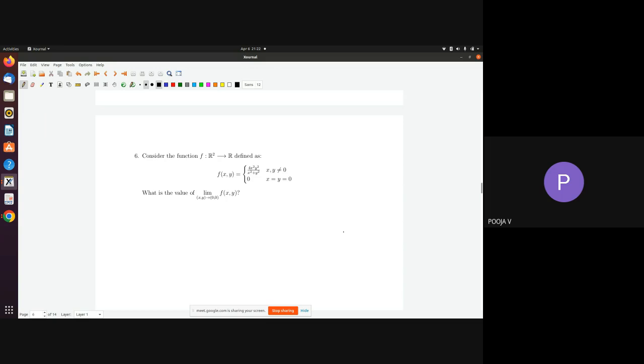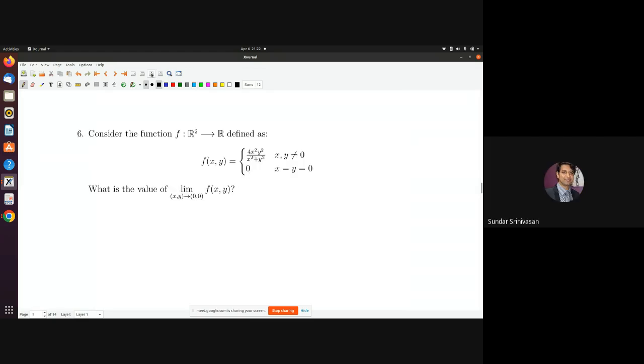The above degree is 4, I think, sir, and the below degree is 2. Let me say y equal to x square to start with. Then if we put that, it would be 4 x raised to 4 upon x raised to 4 plus x square.